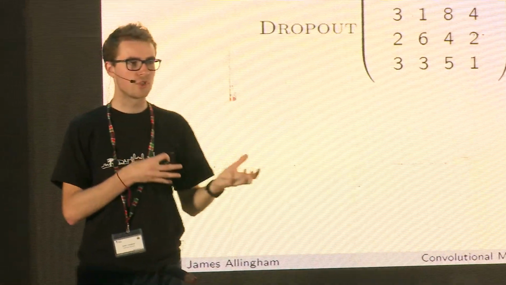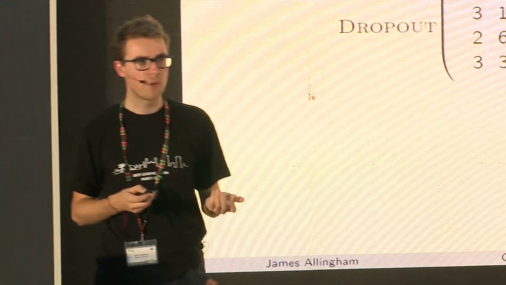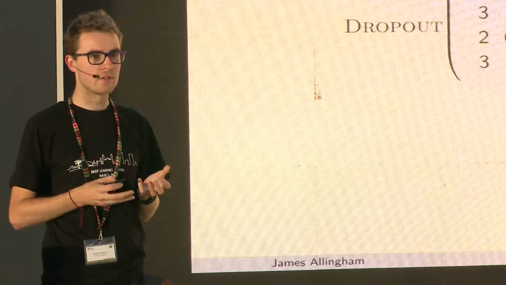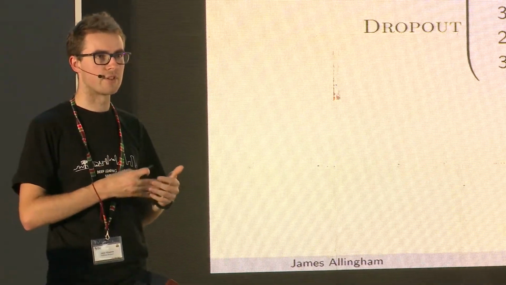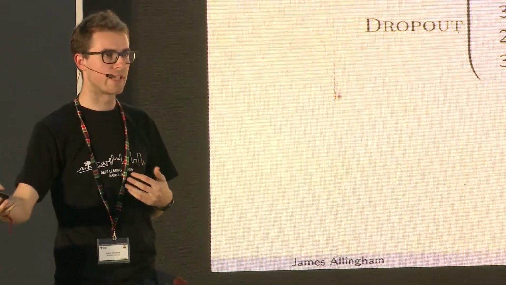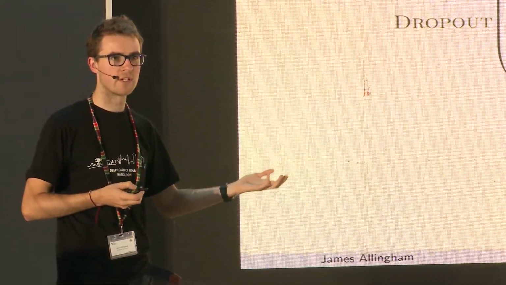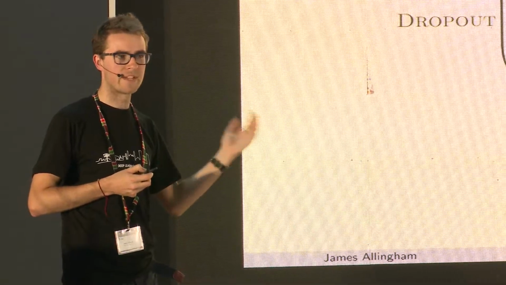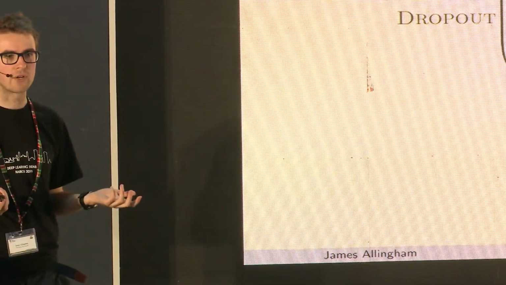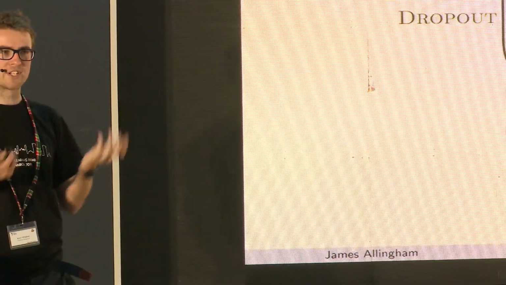And that shift in distribution as a result of using a dropout layer can actually negatively affect the layers that follow our dropout layer, because they will get used to seeing a particular distribution of data at training time, and then at test time when we say, okay, let's not use dropout, they'll see a different distribution and things can go a bit wonky.